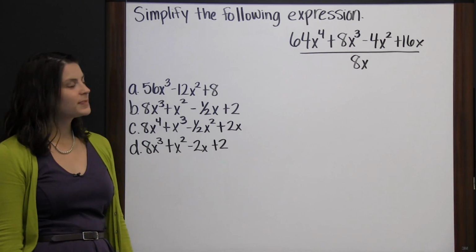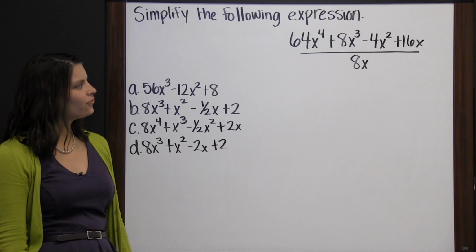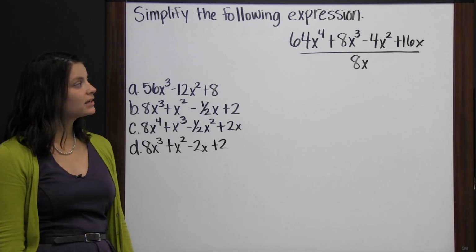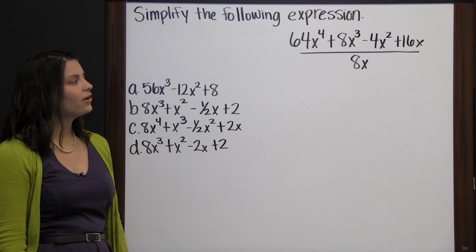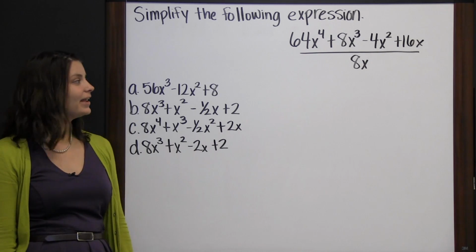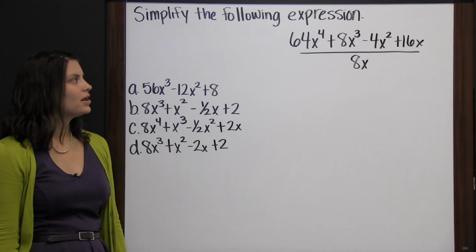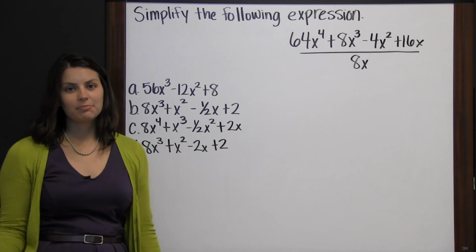Simplify the following expression: 64x to the 4th plus 8x cubed minus 4x squared plus 16x, all divided by 8x. So really what we have here is 4 separate fractions.